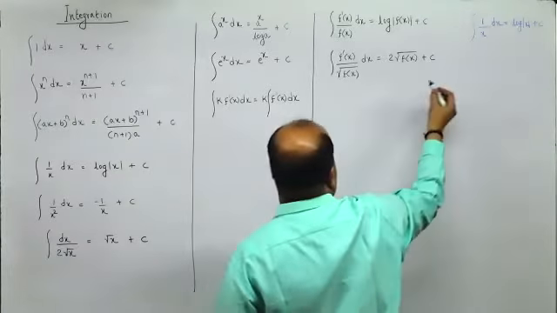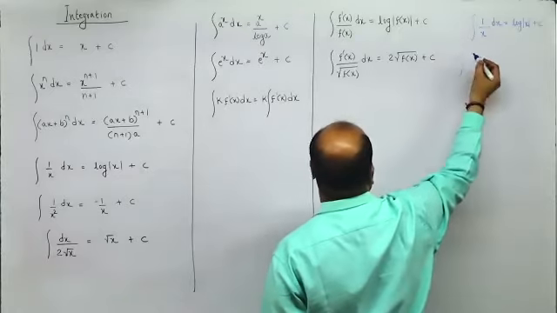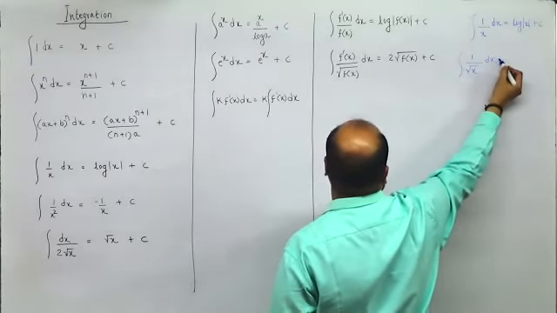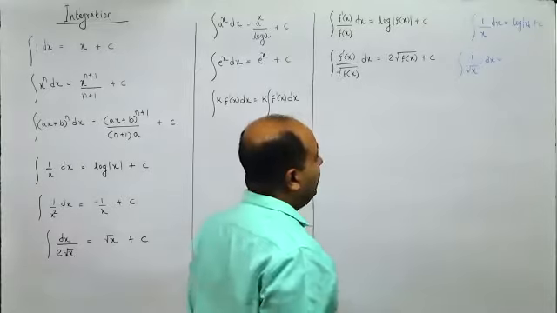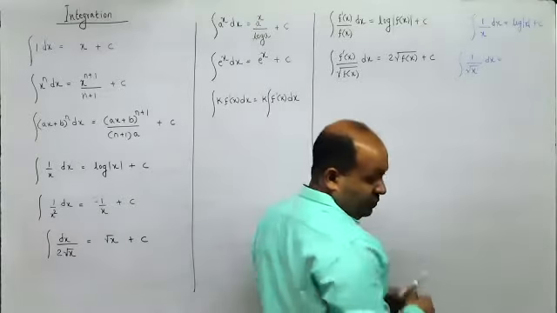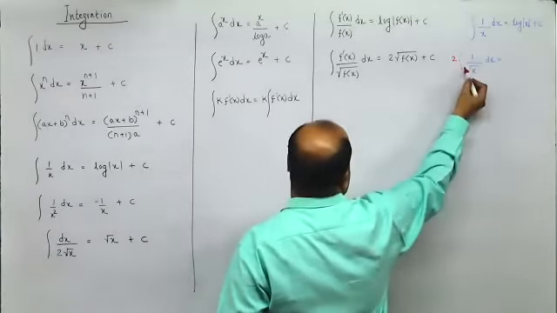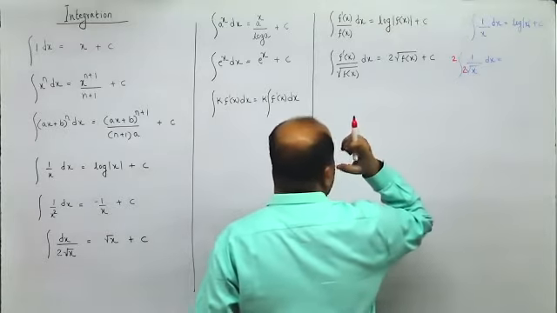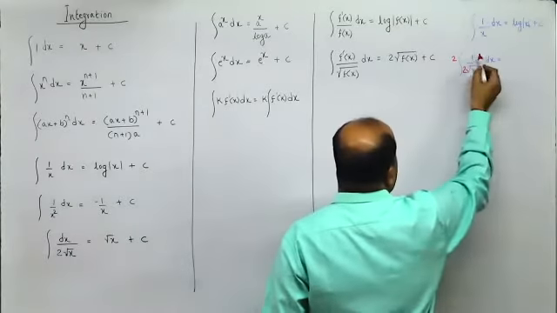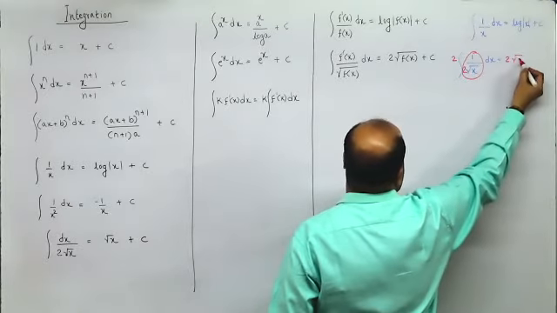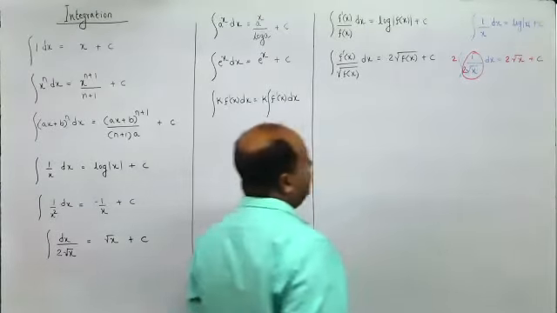Here I gave you an example. I told you if it is 1 upon root x dx, then you can multiply and divide with 2 here. As I said, you can multiply and divide with a number here. So 1 upon 2 root x. Now this integration of 1 upon 2 root x is root x. So you will get 2 root x plus c.